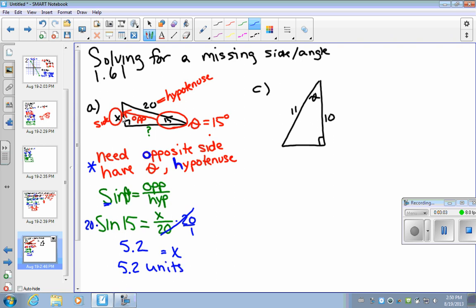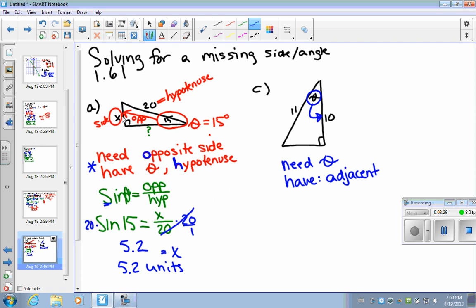In problem C, the thing that I'm missing here now is theta. I don't know theta. So again, I need theta. The things I have: the adjacent side this time. Adjacent just means touching or next to.